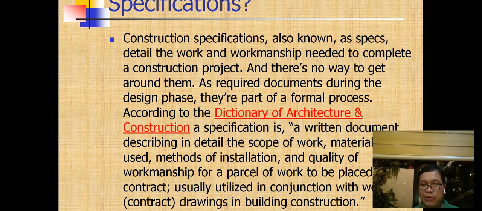So when you do your plans, it has to be connected to the specifications as well. Because if there's a problem with your drawing which is not in compliance with the specifications, then it's going to be a cause of some problems during the implementation of the work done.